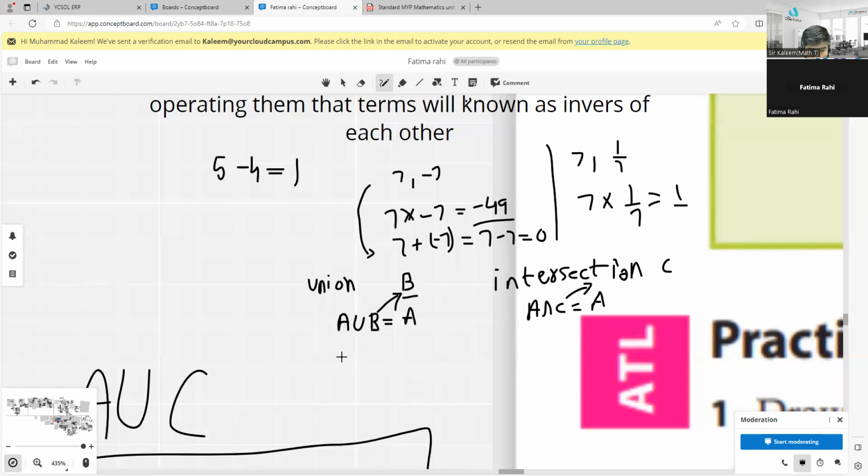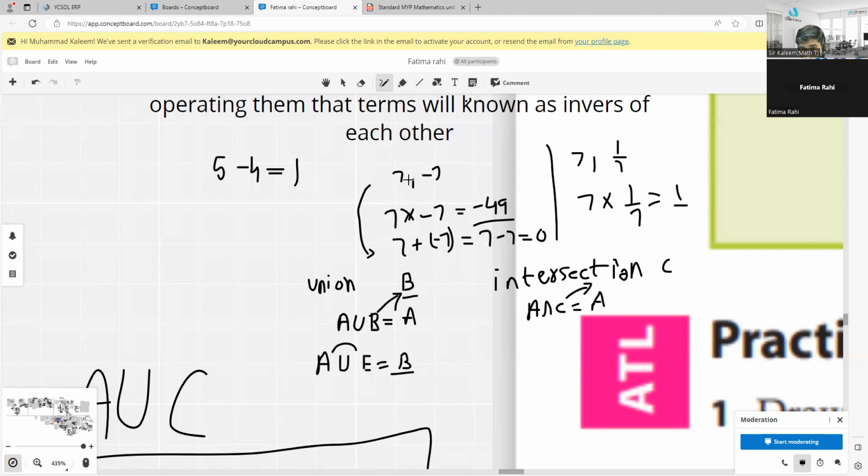So now I just operate two sets. I take A union E and it gives B. It means that while I take union of two sets, they give the union identity. So it means that A and E are inverse.